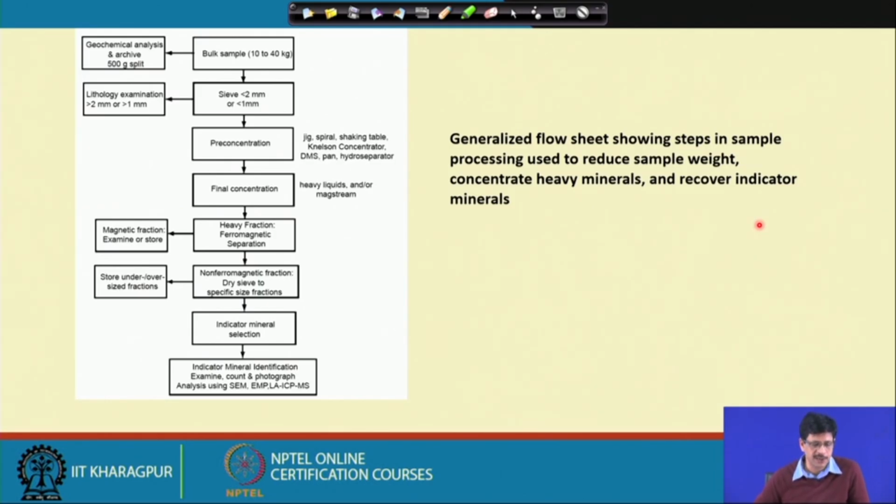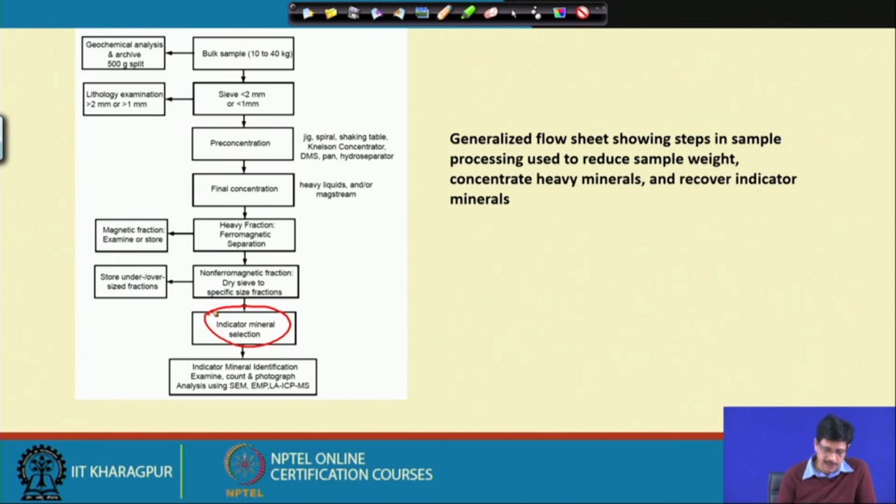This is for the geochemical analysis and archive. The size generally ranges within less than 2 millimeter or 1 millimeter, and then they are pre-concentrated, then the final concentration uses heavy liquid and other kinds of media, heavy fraction, ferromagnetic separation, and then the non-ferromagnetic fraction, and by that time, if there happen to be heavy minerals like the chrome spinels or the chromite or sometimes other heavy minerals, by this process of enrichment we are finally able to recover the indicator minerals.